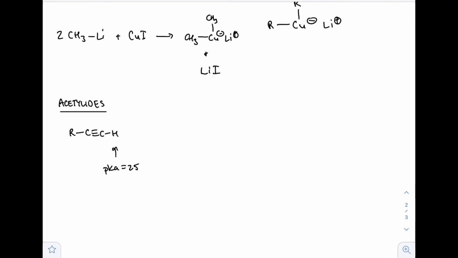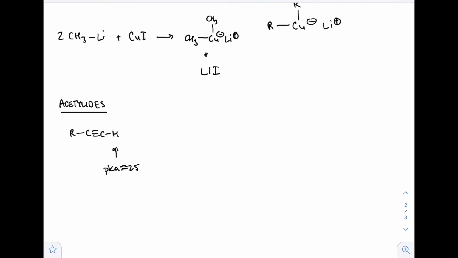So we've seen acetylides before, pKa of 25 for those alkynes because it is an sp hybridized carbon, and so it's a little bit more stable than your sp3, right? And so that is an acidic proton, and in the presence of methyl lithium, for example, that methyl is a very, very strong base.